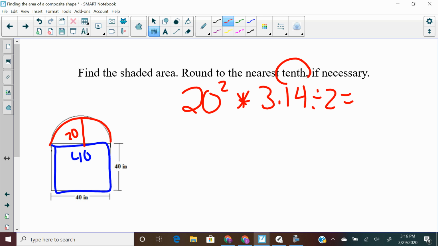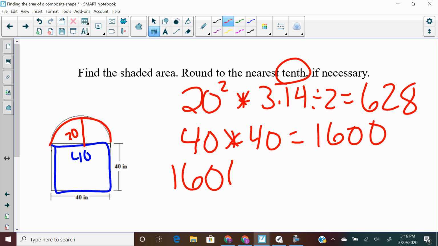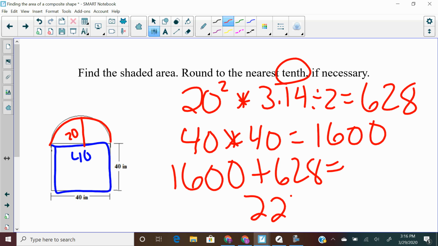It tells me to round to the nearest tenth, and I get 628, so I don't need to round. Then my rectangle is actually a square: 40 times 40, which is 1,600. Then I add those together and it equals 2,228 inches squared.